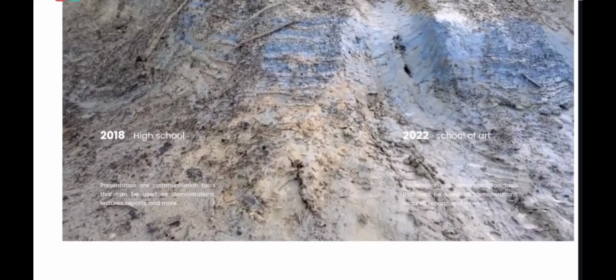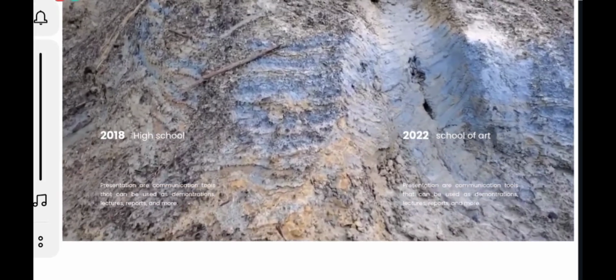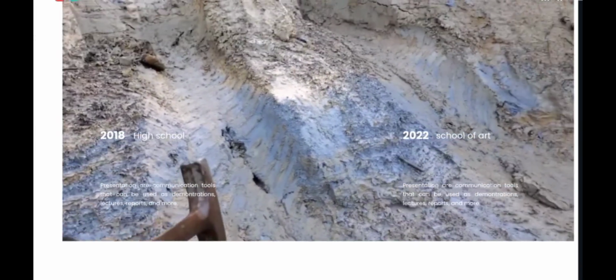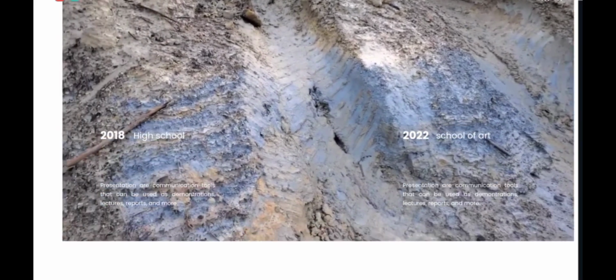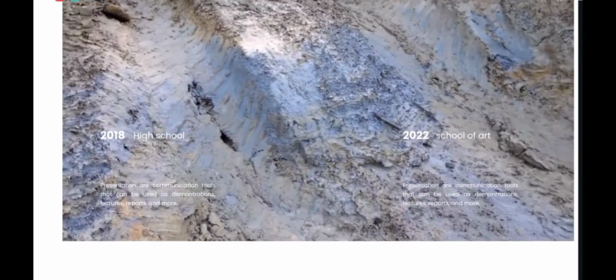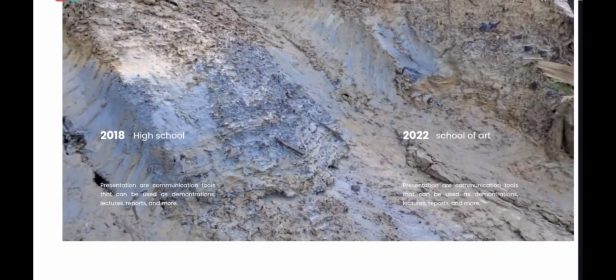We're actually at a local 4x4 hangout area. As you can see, the tracks right there. But you can see all this blue clay here, and yes, this is possibly another blue clay deposit.